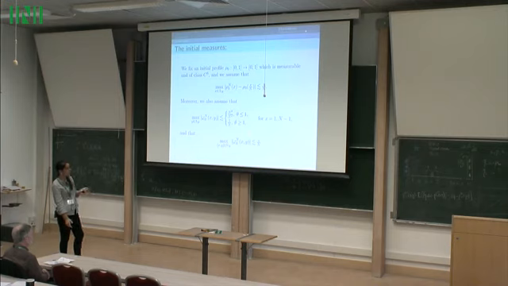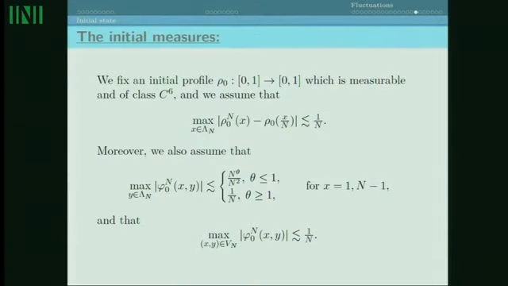We need also the initial correlations of your system close to the boundary. For example, for x equal to 1, when theta is less than 1, you get n^theta over n squared. So the correlations go to 0 faster than 1 over n. The uniform bounds are not enough; you really need to control what happens close to the boundary. So these are the things that we impose on our initial measure.